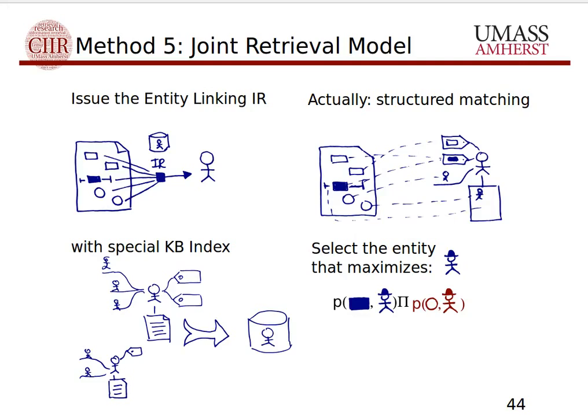This has the intuition of a structured matching, where the name variants of the query mention should be matched against the names dictionary, and the contextual entities should be matched against the inlinks, outlinks, and the full text, or maybe there are some weaker indicators here as well. At the end, the search engine would automatically select for us the entity that maximizes this equation here. We can also combine that with another layer on top, for instance with method number 2 or method number 4.